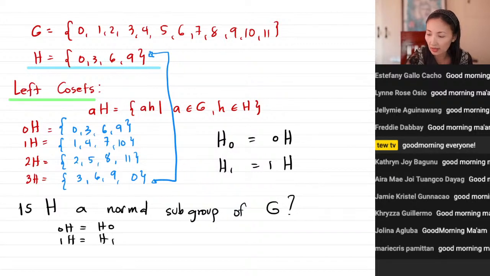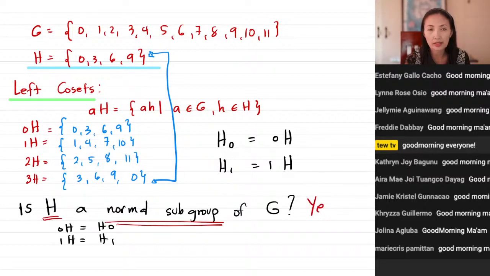Since this is satisfied, we can say that H here is a normal subgroup of G. The answer is yes. You just have to check the left and the right cosets. Now we proceed to the next.